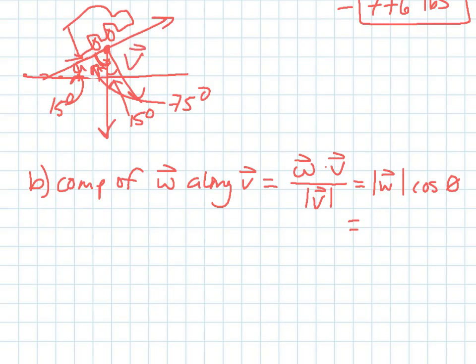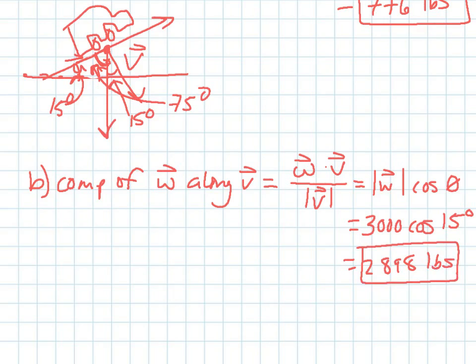Notice that I'm using the angle in between my two vectors. U and W's was 75, and V and W's will be 15. So still 3,000 magnitude cosine of 15 degrees this time. When I plug that in, I'm going to get 2,898 pounds. Okay?